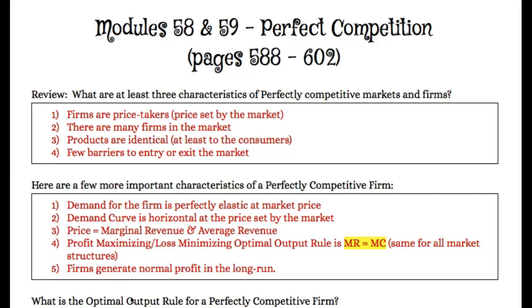So firms are going to be making less and less profit. Some of these firms are going to be making losses, and then they'll get out. That interplay between firms entering and exiting the market causes perfectly competitive firms to break even in the long run, so making that normal economic profit.